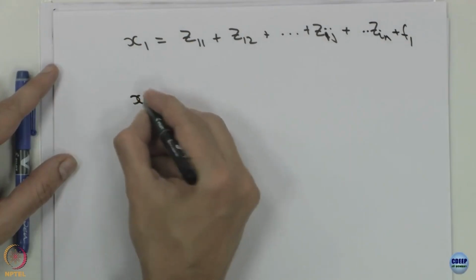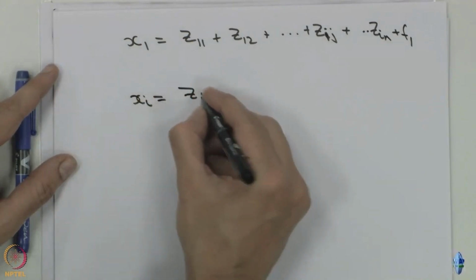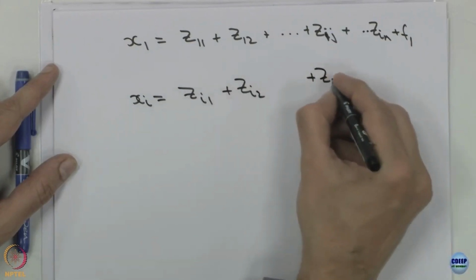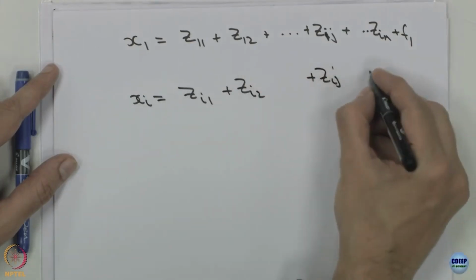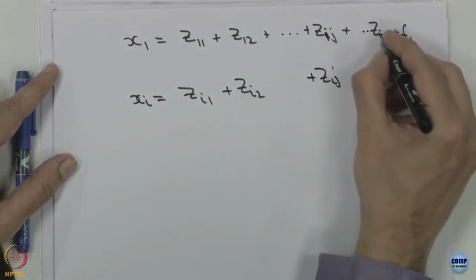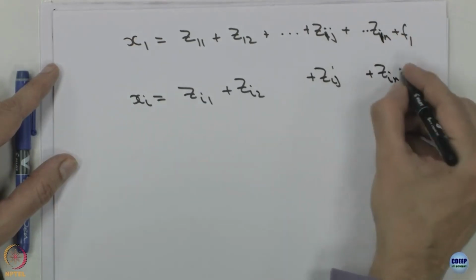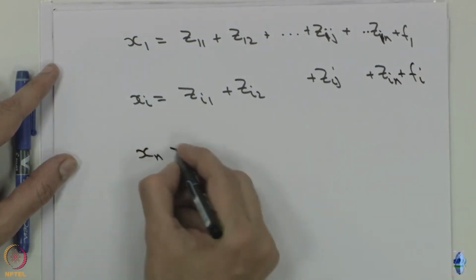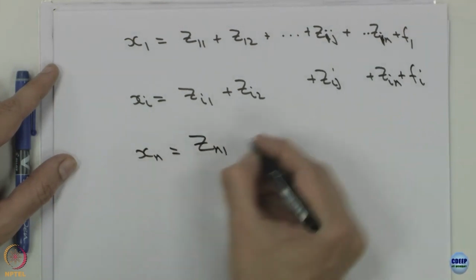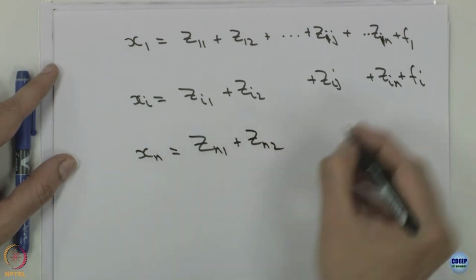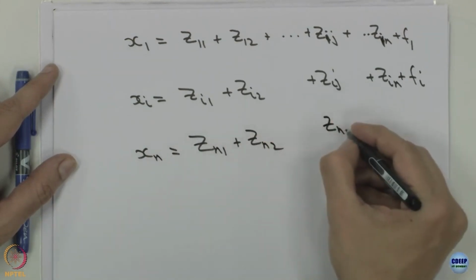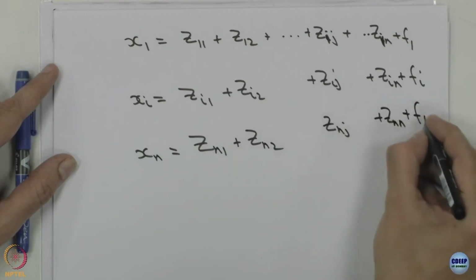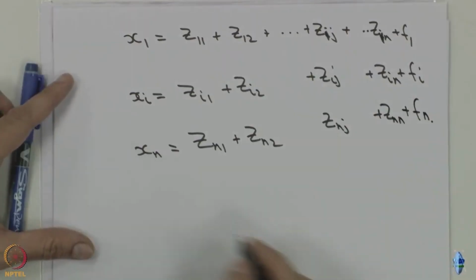Then we have for the ith row, this will be zi1, zi2, zij, zin plus fi, and xn would be zn1, zn2, znj, znn plus fn. Okay, so this can be written in matrix form.